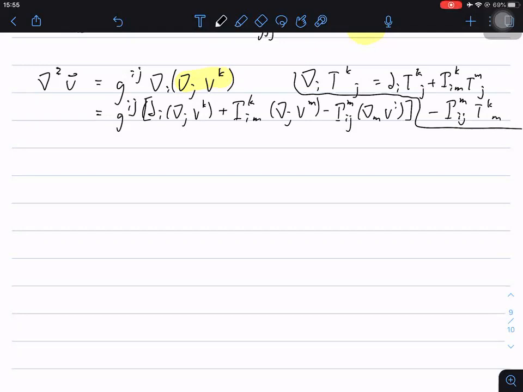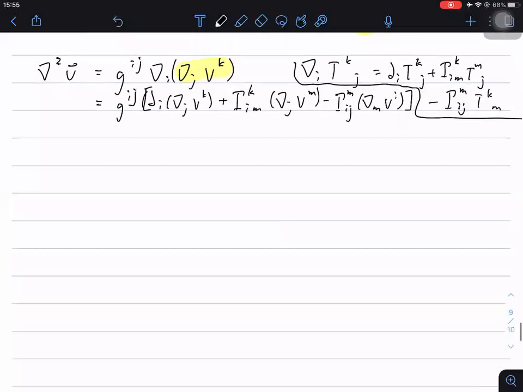And to simplify things a little bit, because you can imagine how things go if we want to expand all the covariant derivatives, it will be a mess. Let's not do this first, let's continue expanding.